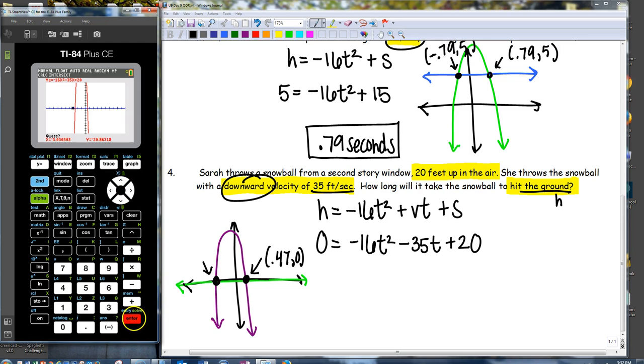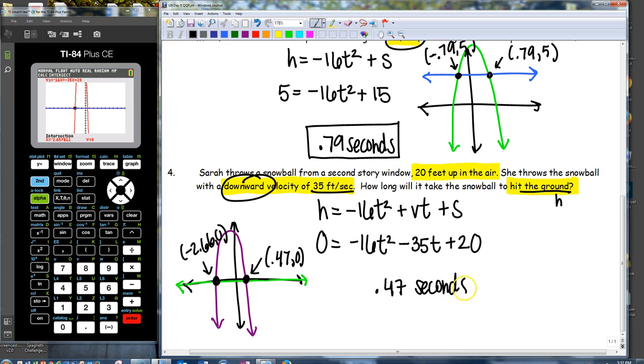Come back. Negative 2.6. All right, 2 in is 5. There's a 7, so it'll move the 5 up. So negative 2.66, comma 0. And remember, you do have to give your final answer. So your final answer would be 0.47 seconds, since time cannot be negative.